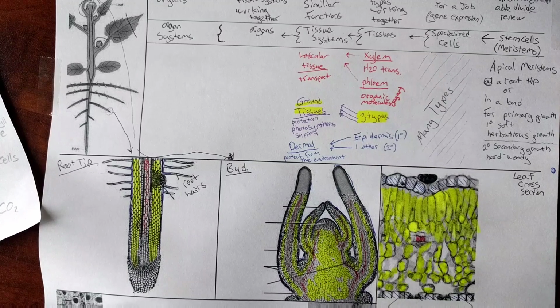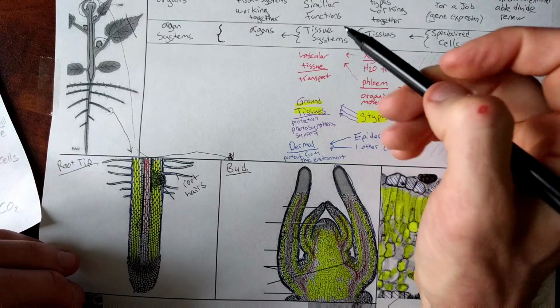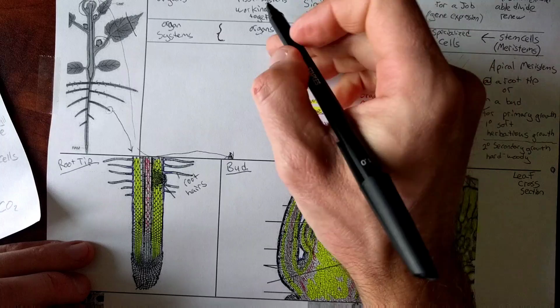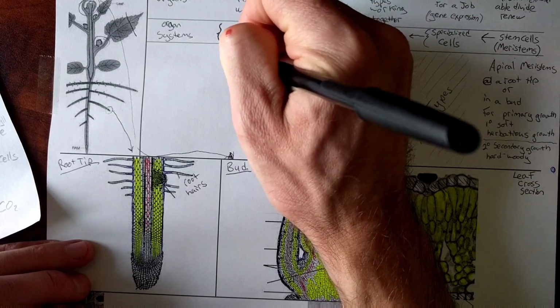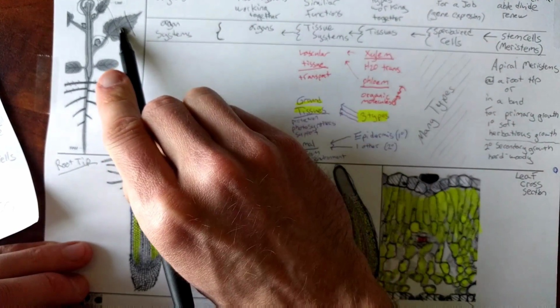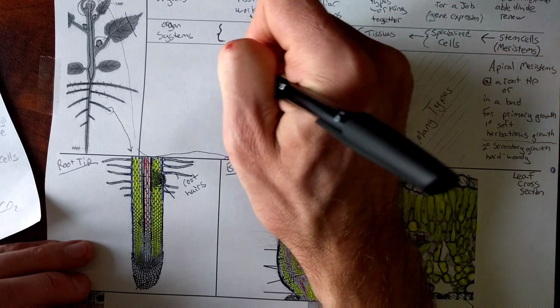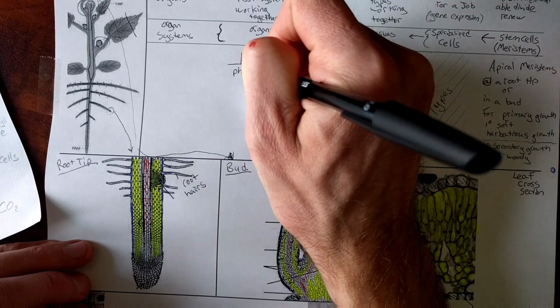All right, escalating on up. We've got our organs. So all three of the tissue systems come together to form leaves. Mainly, your job is photosynthesis.